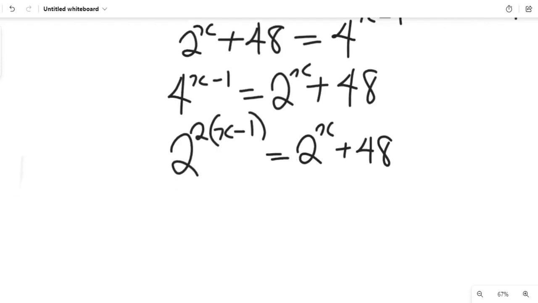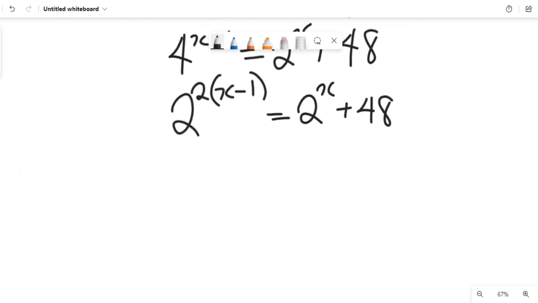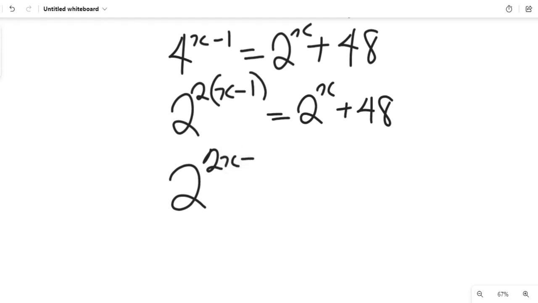If we simplify the left hand side, we're going to have 2 to the power of 2x minus 2 equal to 2^x plus 48. Now remember, according to the laws of indices, this can be separated.